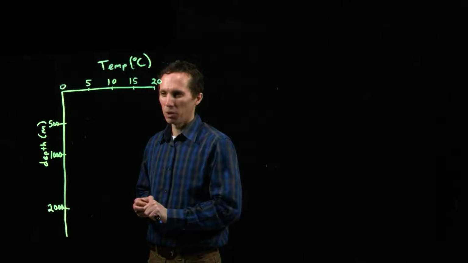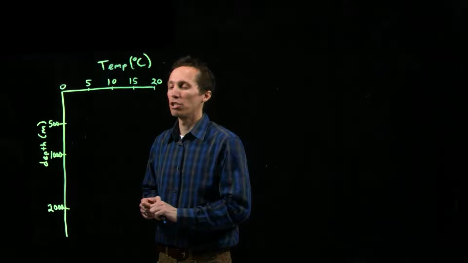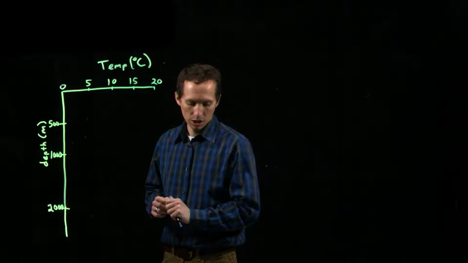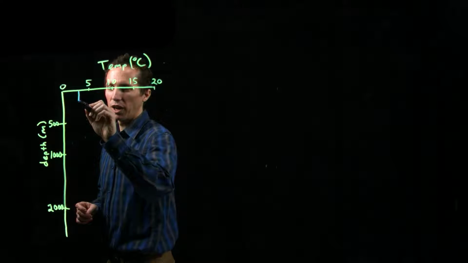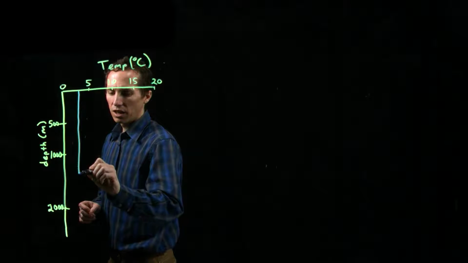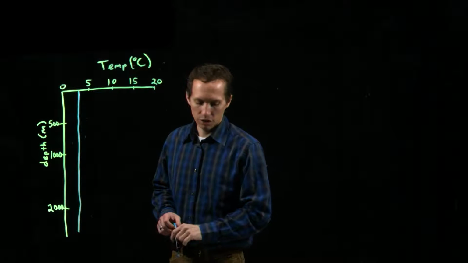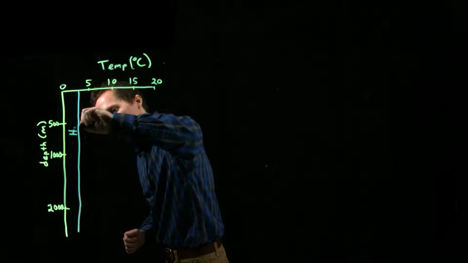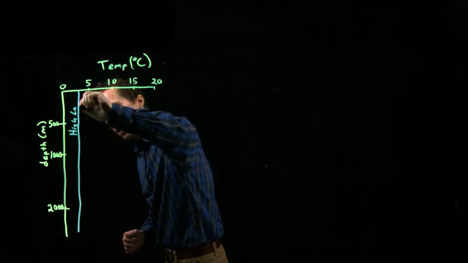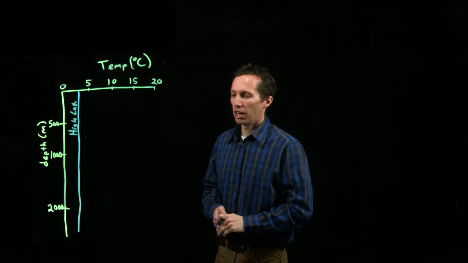For example, in the high latitude oceans, in the Southern Ocean down by Antarctica, we get pretty constant temperature profiles. In fact, the temperature as a function of depth doesn't change much. So this might be an example of high latitude temperature profiles throughout the ocean.